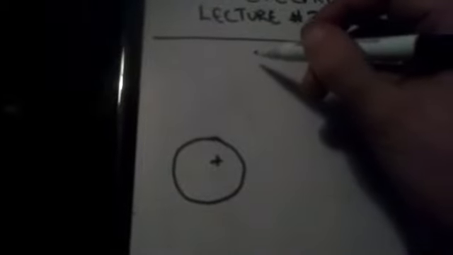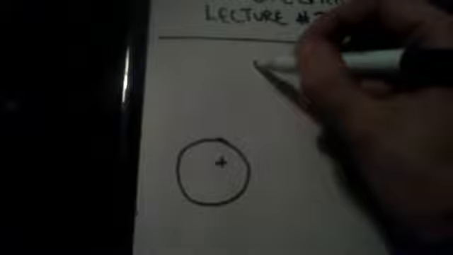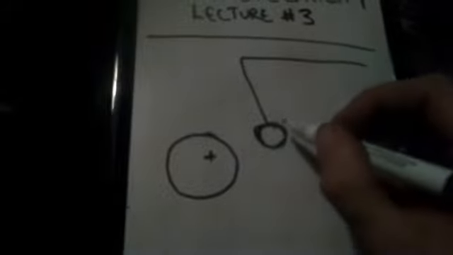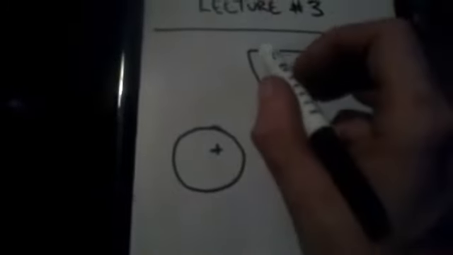So say you have your sphere here, which is charged. Okay, doesn't matter positive or negative. We'll just say that this is positive, okay? And you have a balloon, a mylar balloon, hanging on a string and a rod, okay?